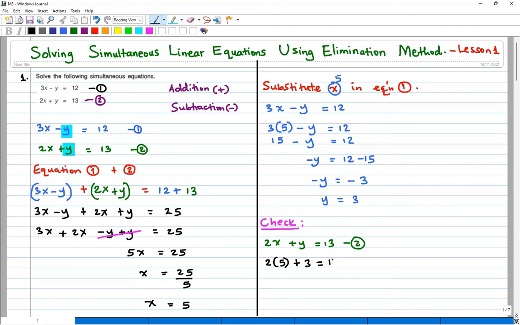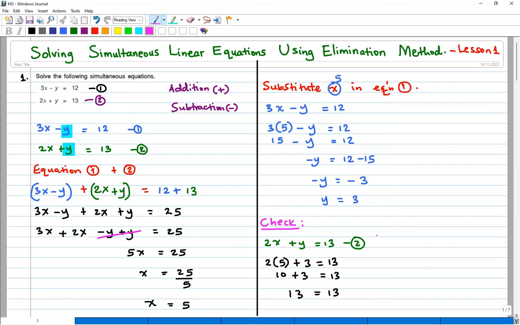We want to see if it is 13. 2 times 5 is 10, and 10 plus 3 will give us 13. So 13 is equal to 13. So this means that our equation is true. And if our equation is true, it means that x is 5 and y is 3.